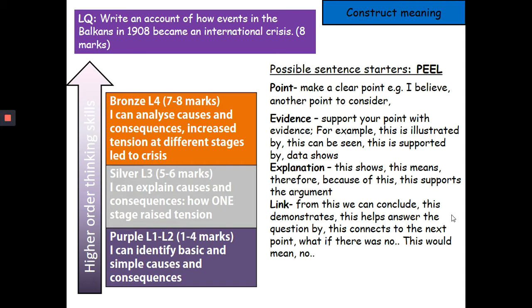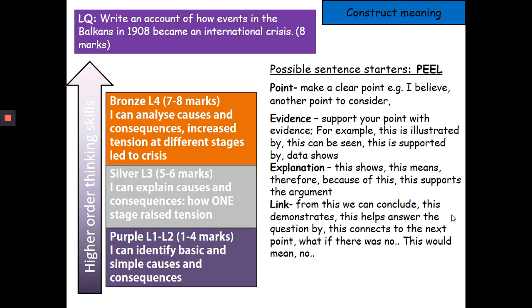Working our way up to silver for level 3, 5 to 6 marks, where you can explain the causes and consequences and how one stage raised the tension. And the bar for us is aimed at the bronze, level 4, 7 to 8 marks. I can analyze causes and consequences, and you'll be able to identify the increased tension at different stages which led to the crisis.